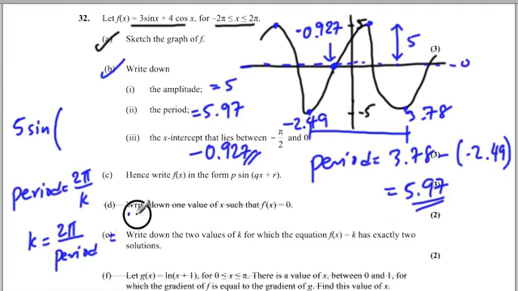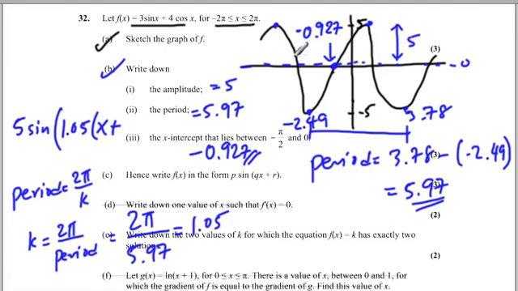And in this case, it's 2 pi over 5.97, which is 1.05. So really this k value here is 1.05. There's a phase shift to the left, so it's going to be x plus 0.927.